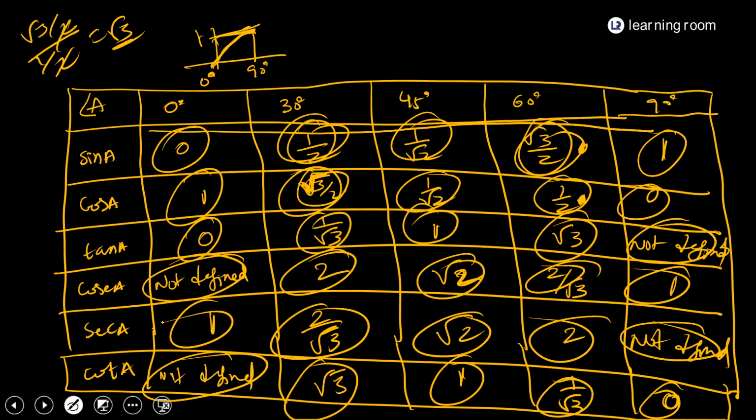Cos A will be reversing of sin A. Cot A will be reversing of tan A. Very easy table.